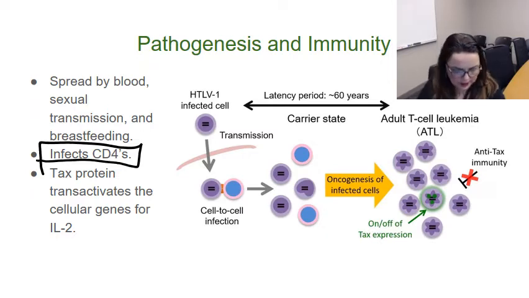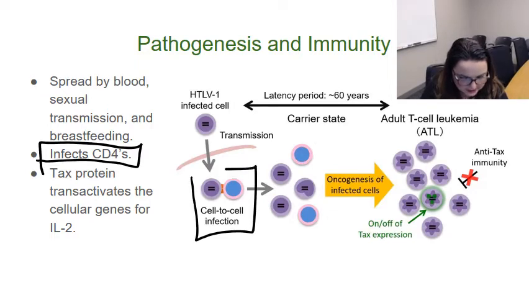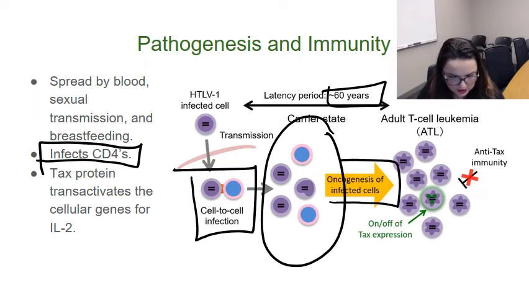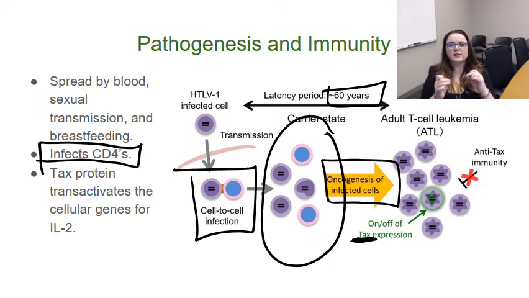So basically, you get infected, and you can get cell-to-cell infection between your CD4 cells. You get a carrier state for a long period, 30 to 50, up to 60 years, okay? At that point, you have oncogenesis of the infected cell, and this oncogenesis is actually due to the TAX protein. TAX protein is basically a transactivator, and what it does is it targets the IL-2 receptor, or IL-2.